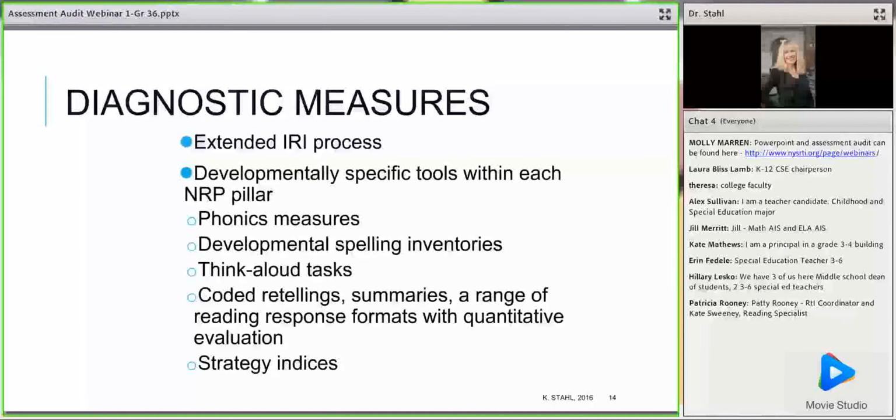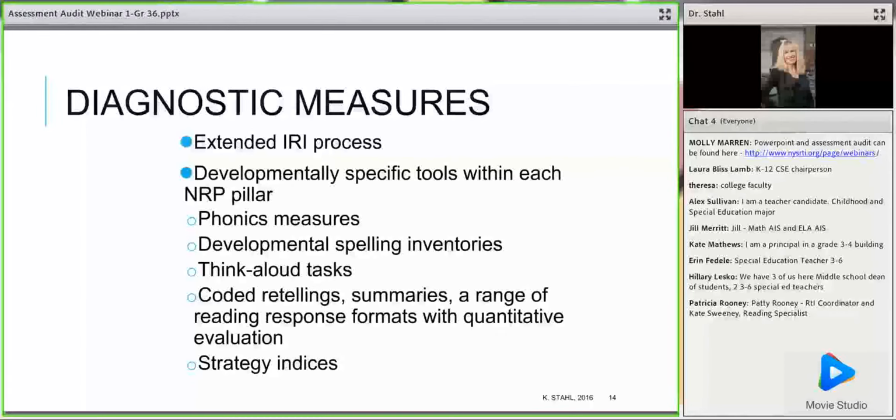Diagnostic measures. Diagnostic measures are things like the extended informal reading inventory process, where you're using something to get an instructional and independent reading level for a child, and it has an opportunity to ask the child to give a retelling, and has some questions and answers that have been field tested.